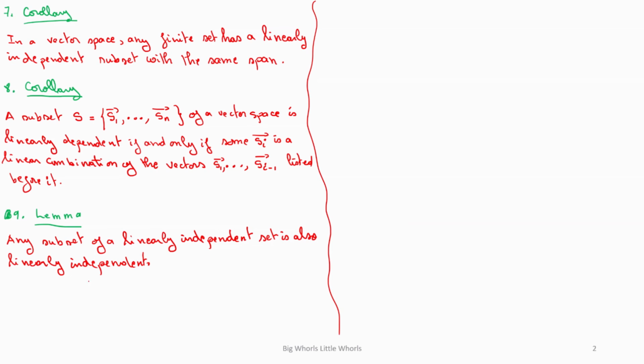This is the first point. The second point, any subset of a linearly dependent set is also linearly dependent.